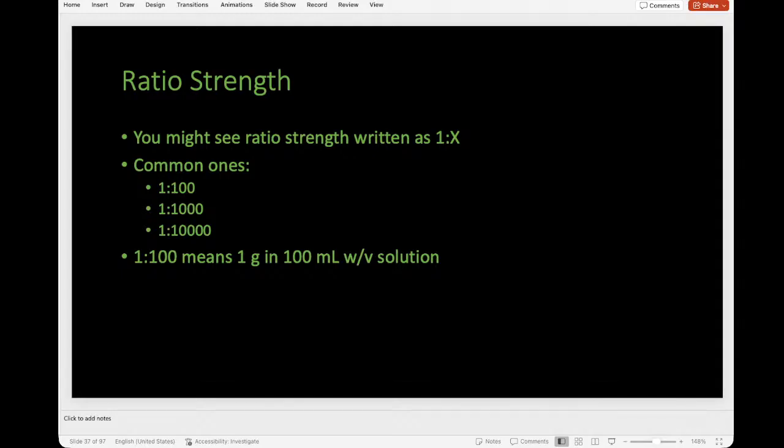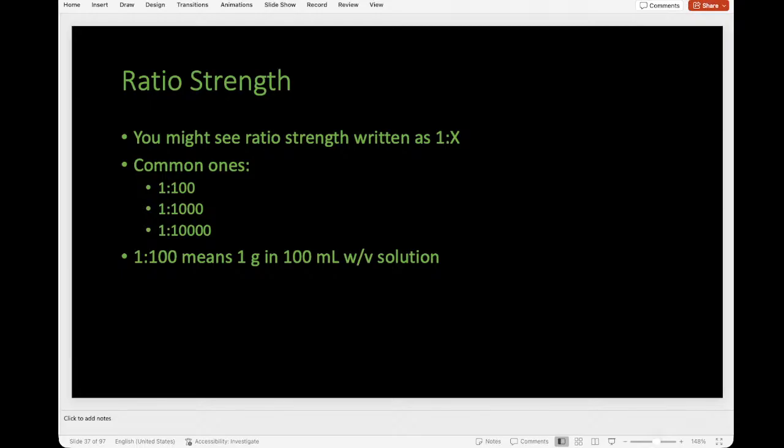The next thing is on ratio strengths. Sometimes prescriptions might show 1 colon X, which is essentially how ratio strength will be written. This essentially means 1 gram over 100 milliliters or 1,000 milliliters or 10,000 milliliters. So it's usually just like the weight over volume.